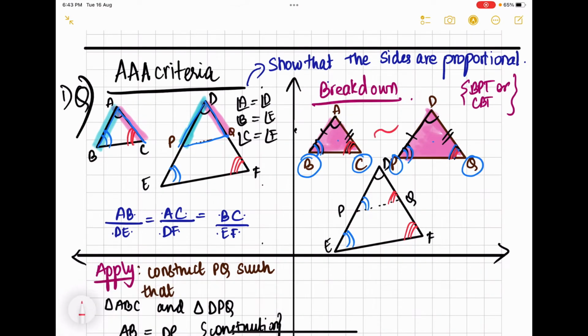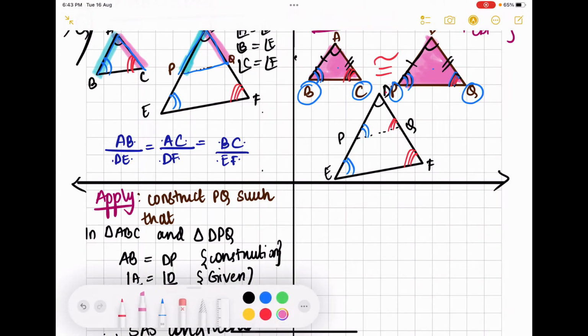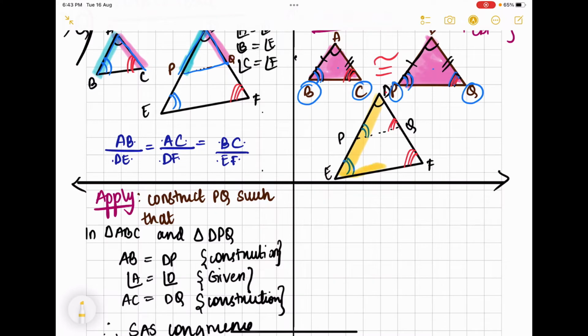We got this as similar, congruent. Now, let us only focus on triangle DEF, the triangle that is colored in yellow. Let's focus on this triangle now. Okay.